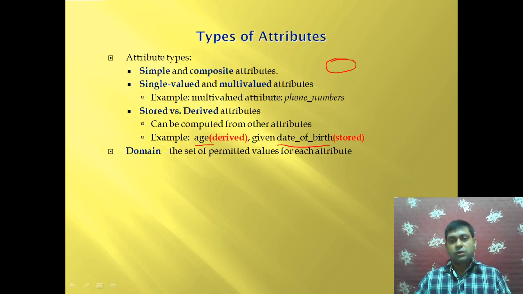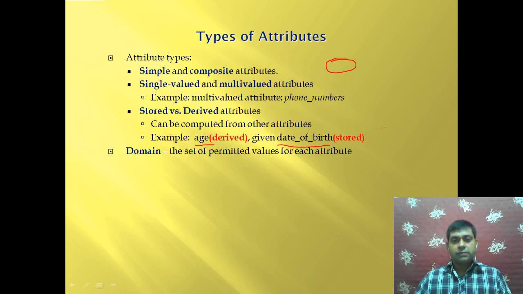So in 2020, 1st January, the age of him will be 20 years. So date of birth 1/1/2000 is the stored attribute, whereas the age which is derived from that particular date of birth is nothing but a derived attribute. As simple as this.